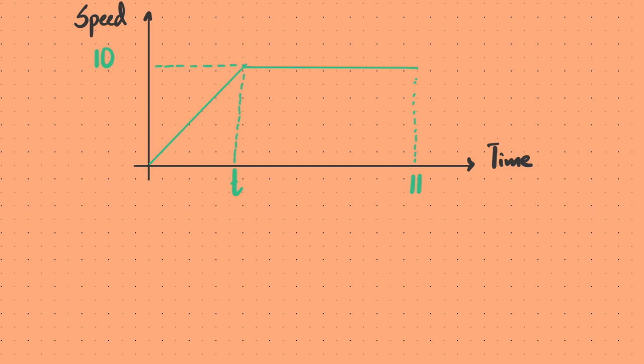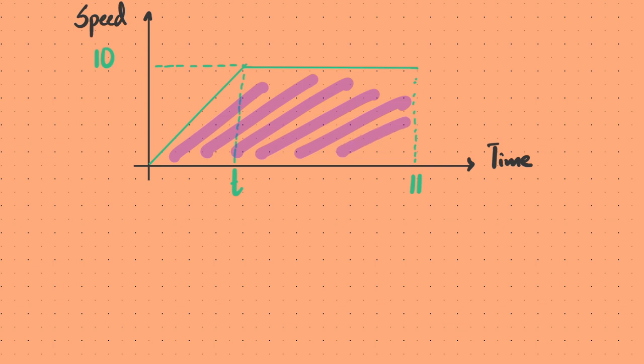All of this area is 100. You can treat it as a trapezium, or if you find it more convenient, you can break it into a triangle and a rectangle. Trapezium is obviously what I'll be going for. It just gets the job done in one go. So this is one parallel side, this is another parallel side, and this is the height, the distance between the parallel sides.